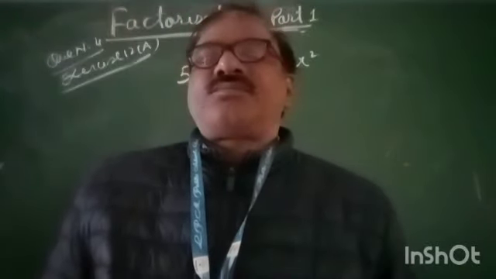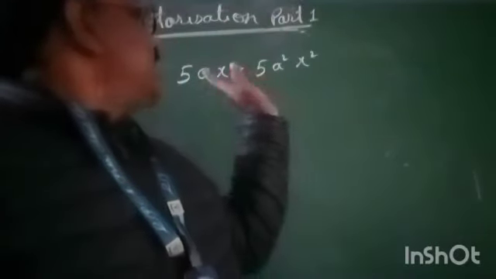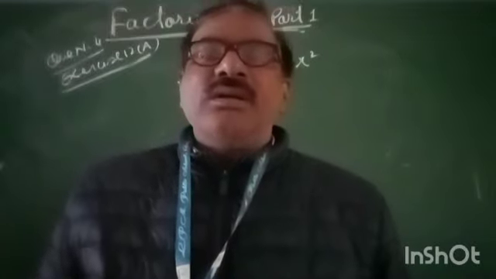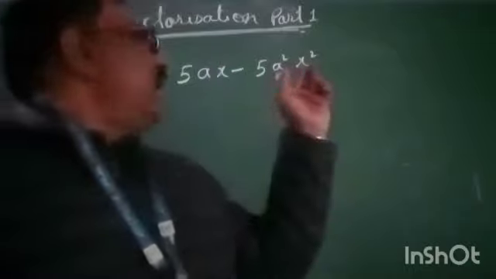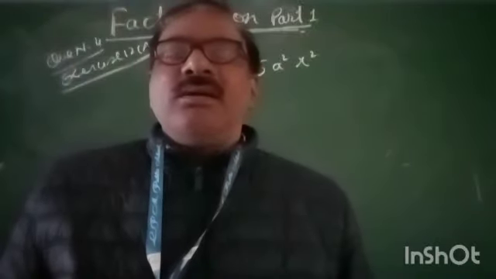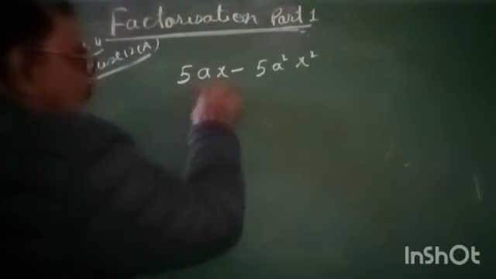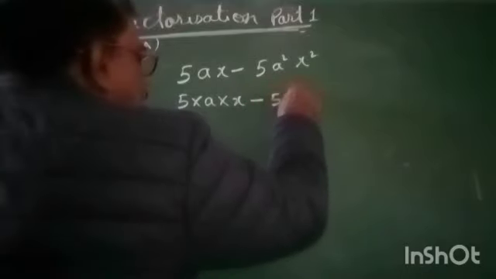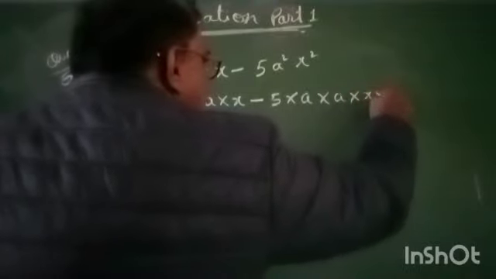So dear friend, for factorization of this polynomial, first of all, I will find out the greatest common factor of 5ax and 5a square x square. So I will write 5 multiply a multiply x, minus 5 multiply a multiply a multiply x multiply x.